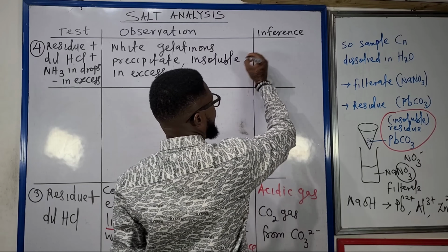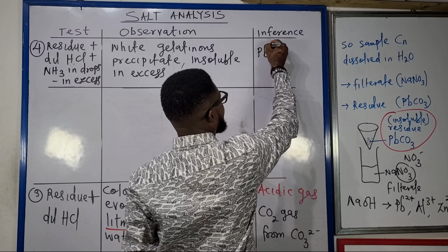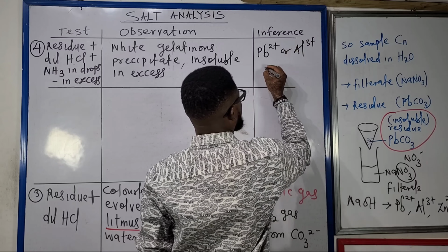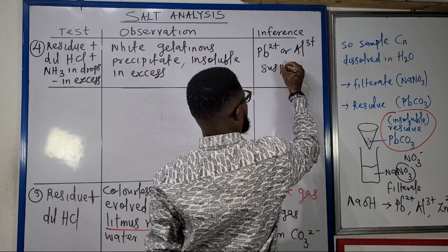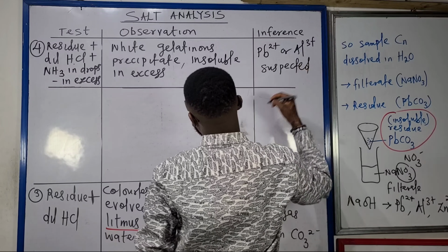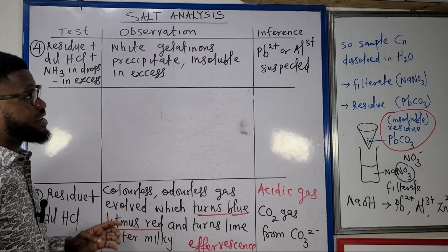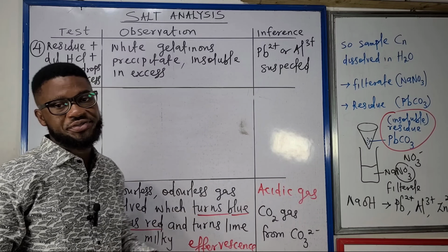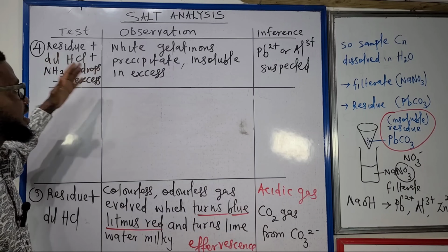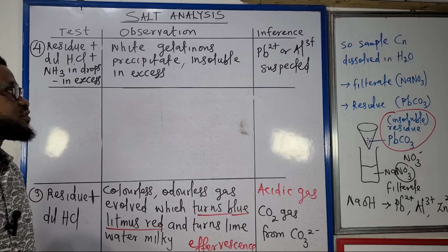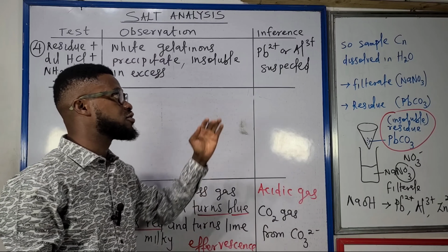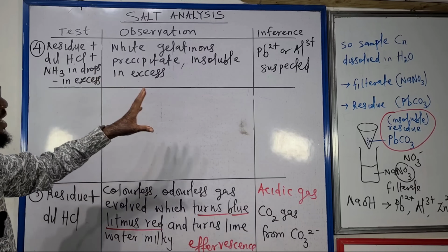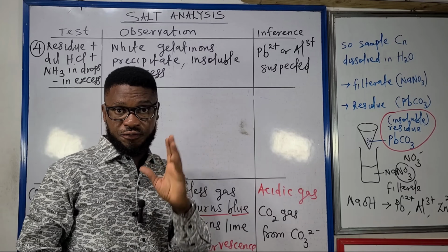So what we have here as our inference is that lead or aluminum ion is suspected, because with aqueous ammonia, it is lead and aluminum that will form a white precipitate which will not dissolve in excess aqueous ammonia. But in the case of zinc, the precipitate would have dissolved. That is why we cannot suspect zinc here. And that ends question 4.